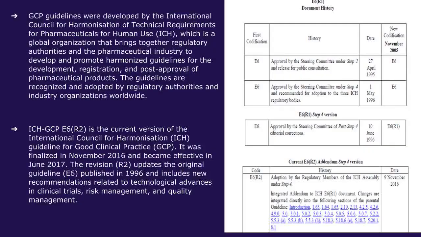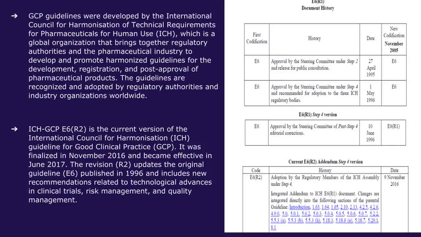GCP guidelines were developed by the International Council for Harmonisation of Technical Requirements for Pharmaceuticals for Human Use, ICH, which is a global organization that brings together regulatory authorities and the pharmaceutical industry to develop and promote harmonized guidelines for the development, registration, and post-approval of pharmaceutical products. The guidelines are recognized and adopted by regulatory authorities and industry organizations worldwide.